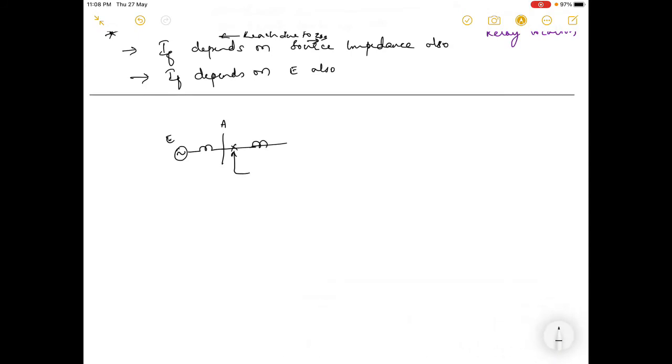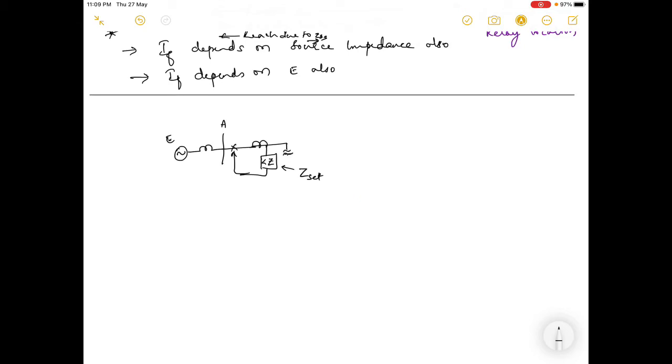The relay you are operating is based on Z. Whatever impedance is measured, if it is less than this Z, it will trip. That is, we have set some impedance in this relay. If the measured impedance is less than the set Z, then the relay will give the tripping decision.